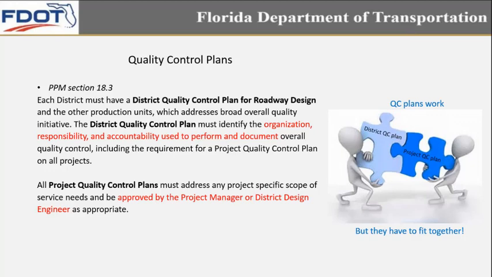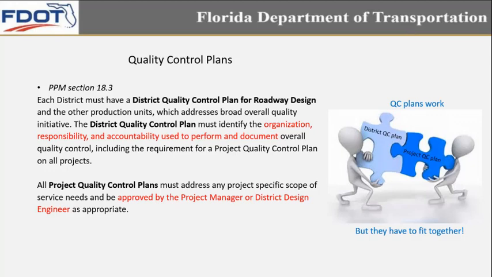A couple key points I have highlighted: the district quality control plan should identify organization, responsibility, and accountability used to perform and document overall quality control, which is mainly talking about the reviews, the phase submittal reviews. The project-specific quality control plan obviously addresses the project-specific scope of services, and it has to be agreed to by all, as we said earlier.